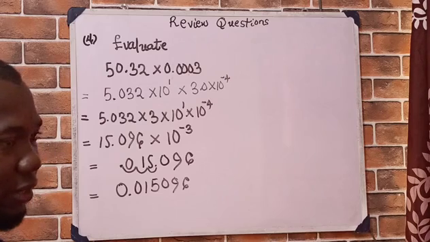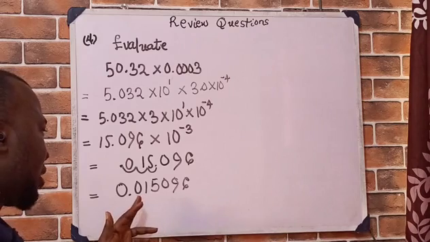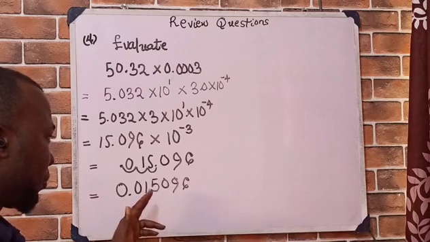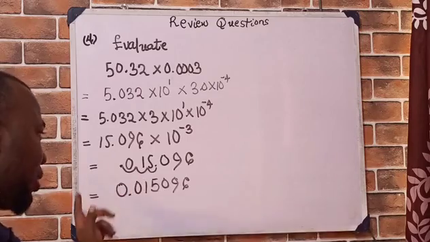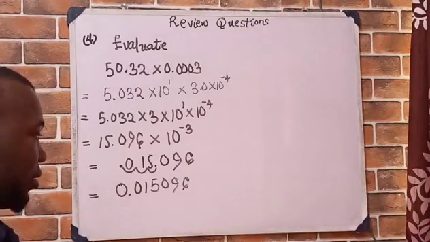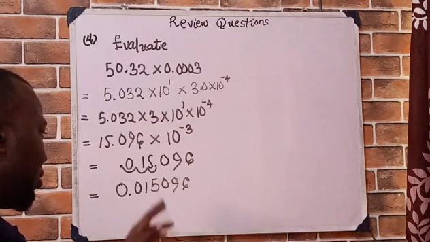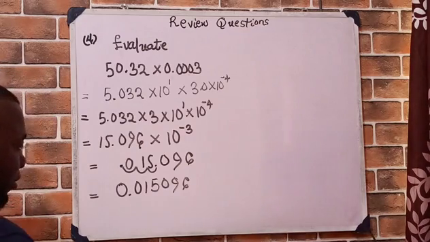3 significant figures. The 1 here happens to be the first significant figure because it is the first non-zero number. The 5 here is the second. The 0 here is the third because it is in between 5 and 9. Zeros in between numbers are considered to be significant. So this is the third significant figure, and that's where we're asked to round up to.